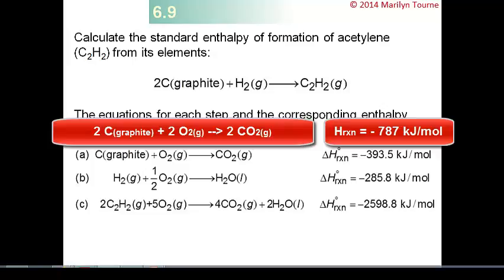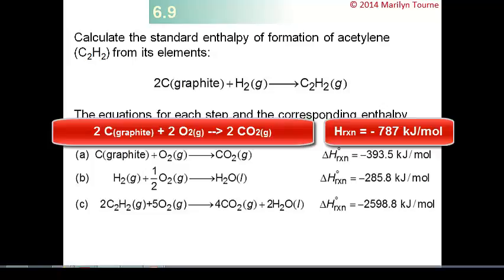Next, we need 1 mole of H2 as a reactant. And this is already provided in equation B. So we don't do anything with that. The last thing we do is we need 1 mole of C2H2 as a product. So this is a problem. Equation C gives it to us as a reactant, but we need it as a product. So that means that we need to reverse the equation and divide it by 2 because we only need 1 mole of product. And they gave us here 2 moles as a reactant.